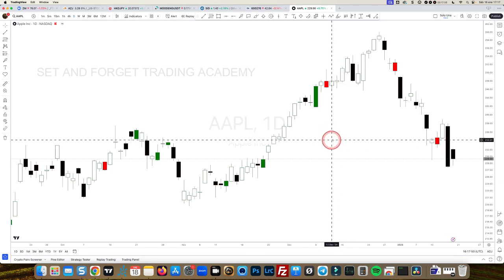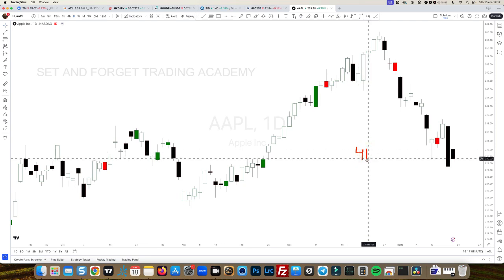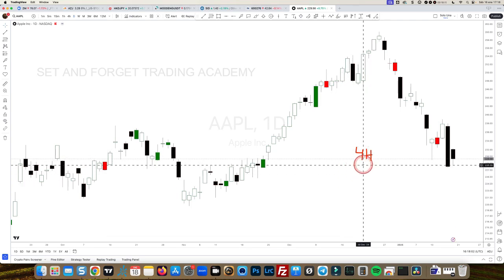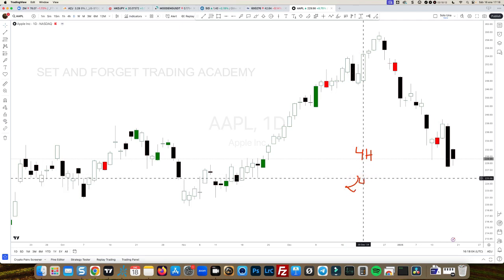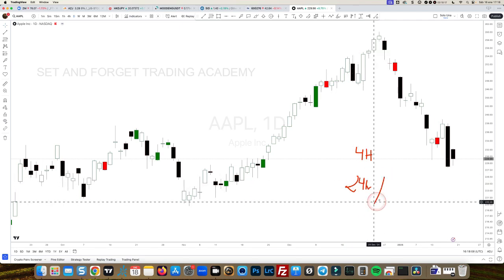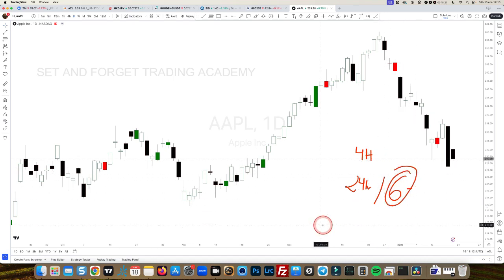So a daily candle is usually made of 24 hours, and if we use the 4-hour, which is very common on forex and cryptos, a day has 24 hours divided by 4, which gives us 6 candlesticks.